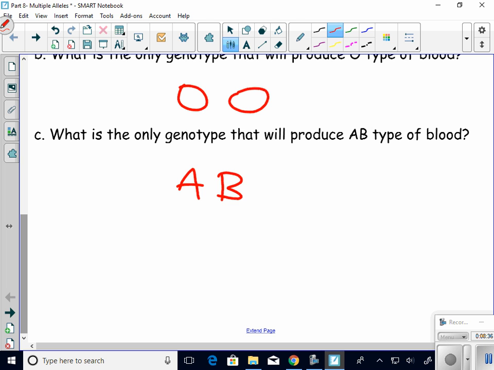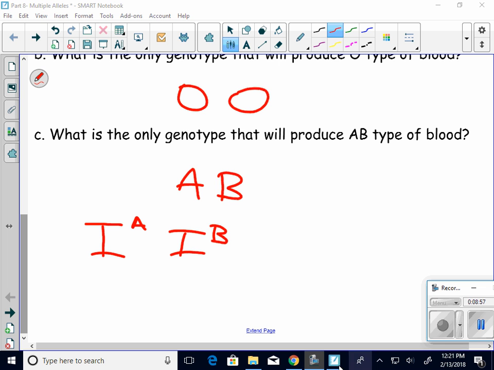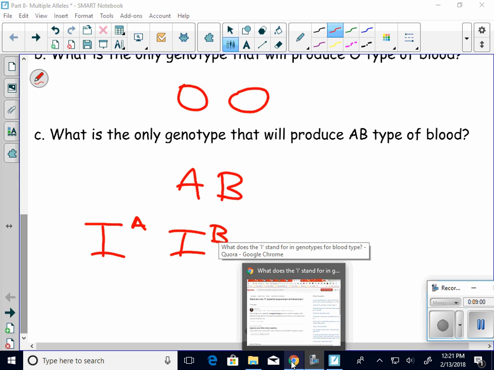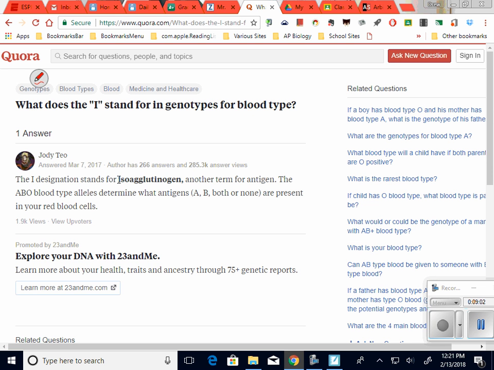Now, we can do this a couple of different ways. Sometimes we see it just with this letter like that. Sometimes I've seen it with an I that has an A and an I that has a B. I was just looking up what this I means, and it said isoagglutinogen.